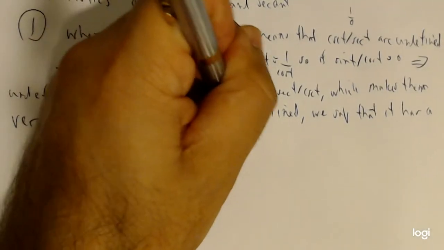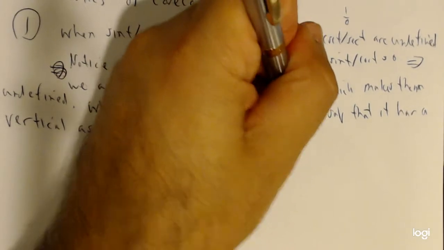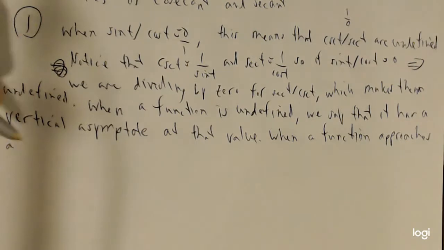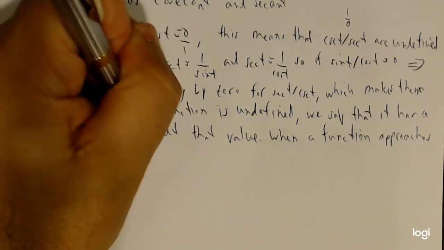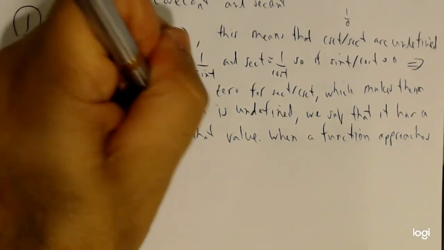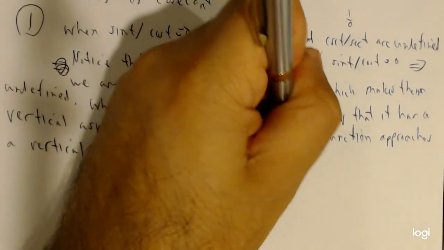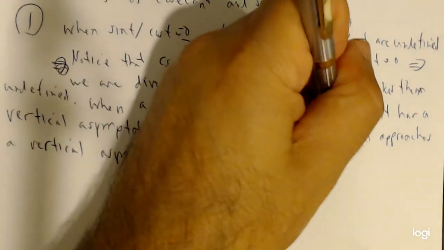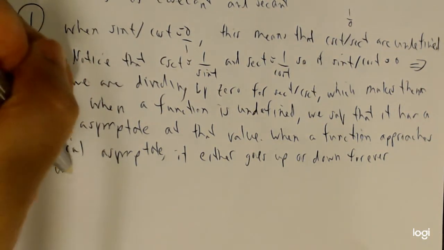So what does that mean if we have a vertical asymptote? When a function approaches a vertical asymptote, it either goes up or down forever.